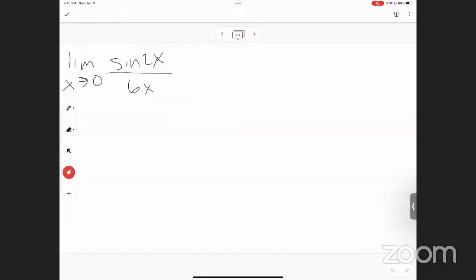Yeah. All right. Trig limits. Do you remember how to do this one? You factor out whatever you need to so that this is the same as what was up here. So rewrite this as the limit as x goes to 0 of 1/3 times sine of 2x all over 2x.